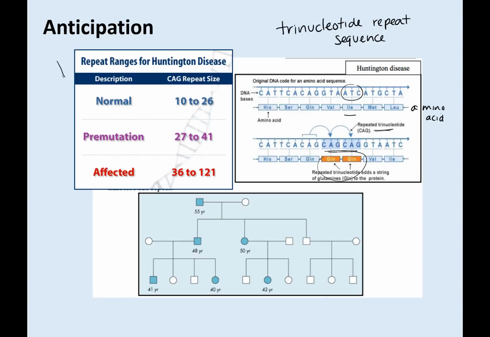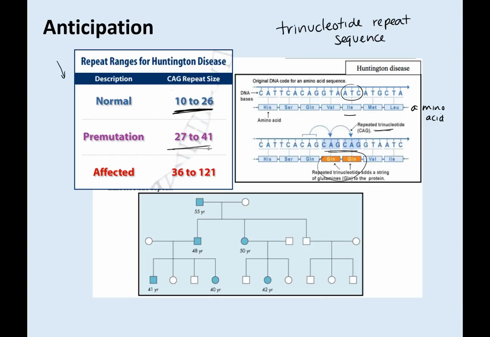So what this table is trying to show you is that normally for people without Huntington, they have 10 to 26 repeats of this CAG trinucleotide. So they have 10 to 26 glutamines, and the protein functions fine. As you get to an increase of 27 to 41, we call it premutations.